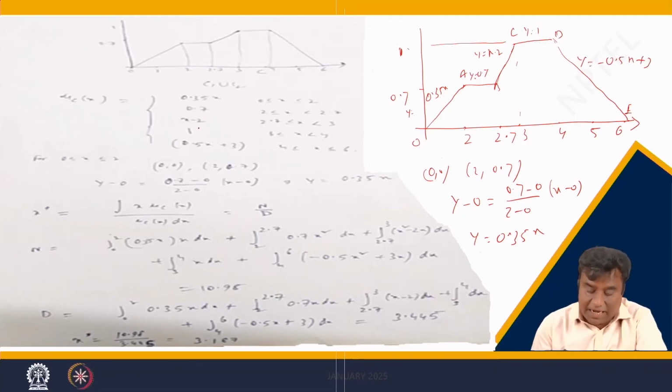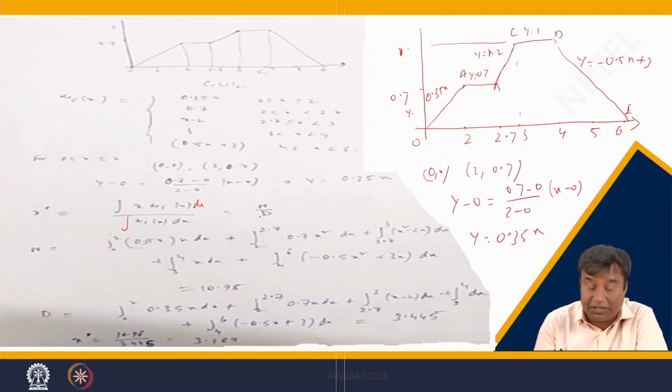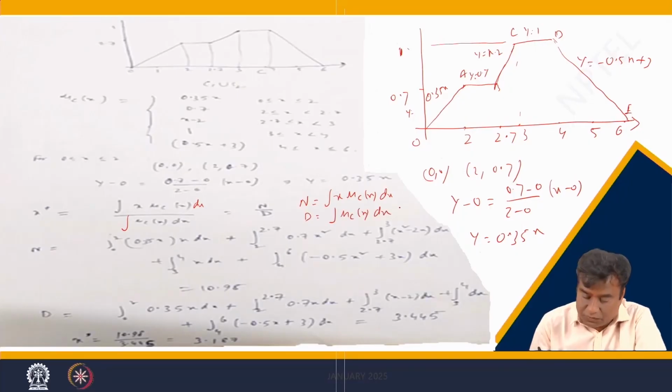Now the center of gravity formula, x star is integration x mu Cx dx divided by integration mu Cx dx, that is numerator by denominator. Here the numerator N can be written as integration of x into mu Cx dx, and the denominator D can be written as integration of mu Cx dx. For the numerator, from 0 to 2, that is 0.35x into x dx.